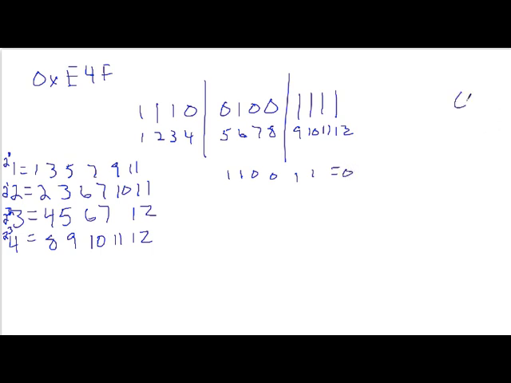So let's put that over here. And for the second position, we have 2, 3, 6, 7, 10, 11. So that's 2, 3, which is 1, 1. 6, 7, which is 1, 0. And 10, 11, which is 1, 1. So that is a parity of 1. We put that here.